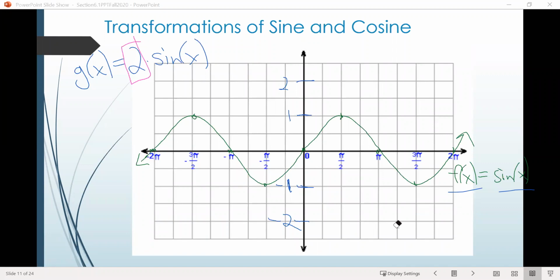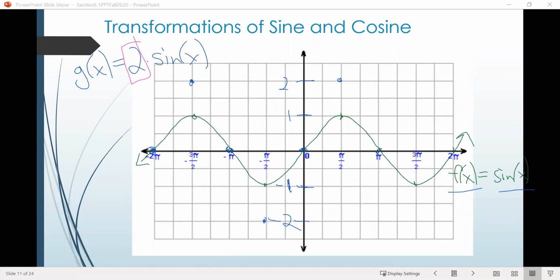So we can go through each of these points here and double their output values. At negative 2 pi, we double the 0, it makes 0. At negative 3 pi over 2, double the 1, and that makes 2. At negative pi, double the 0, it makes 0. Negative pi over 2, double the negative 1, it makes negative 2. At 0, double that, we're back at 0. At pi over 2, double 1, we have 2.